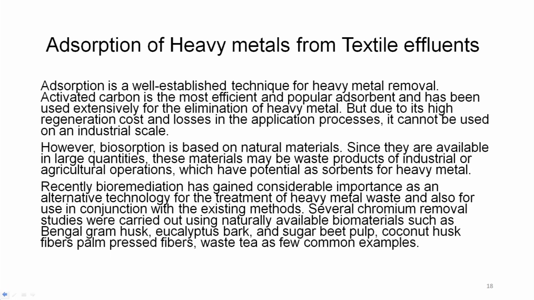Several chromium removal studies were carried out using naturally available biomaterials such as Bengal gram husk, eucalyptus bark, sugarcane pulp, coconut husk, palm pressed fibers and waste tea, as a few common examples. And we ourselves have also used the flower waste after the extraction of dye for the heavy metal removal.